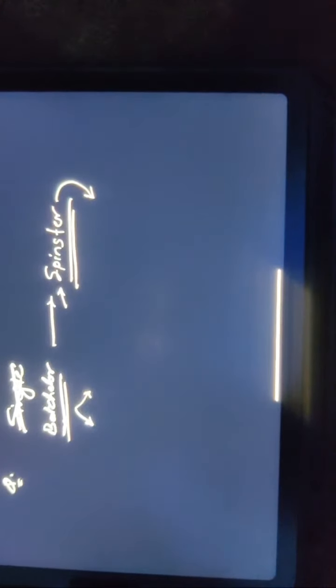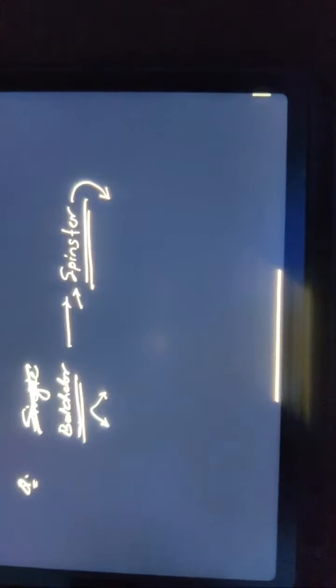That is spinster. But bachelor could be used for both a girl and a boy. Bachelor, bachelorette. So spinster you can use, but that is used specifically for a woman or a girl who never got married.